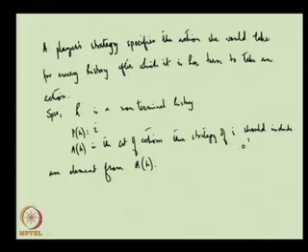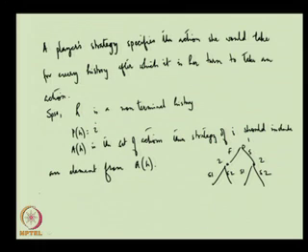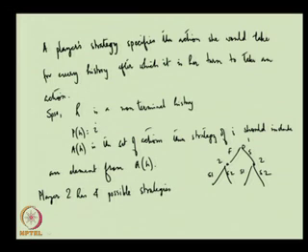So, let us give an example. Let us take the example of a batsman and a bowler. So, one is the bowler, he can bowl a fast ball or a slow ball. Player 2 is the batsman, he can play shot 1 or shot 2. Now, what are the strategies of player 2? Player 2 has 4 possible strategies. Okay.